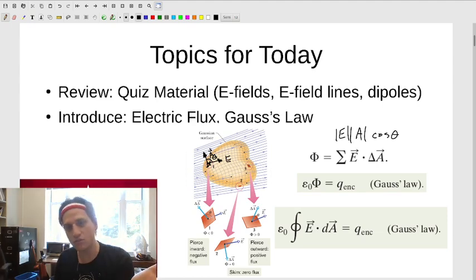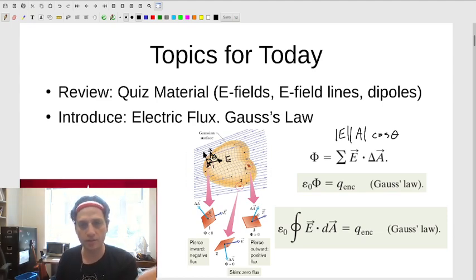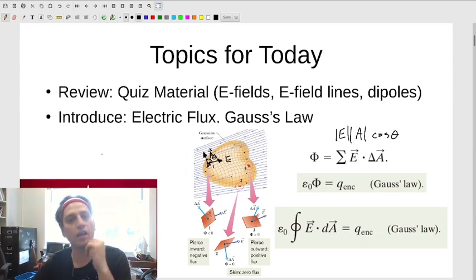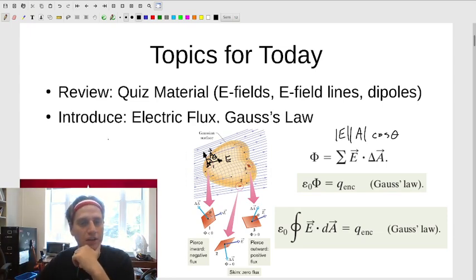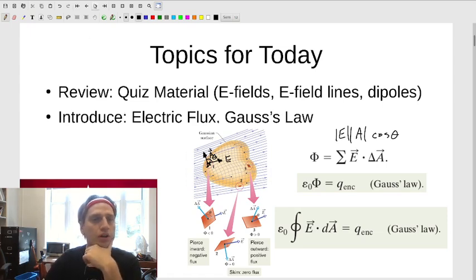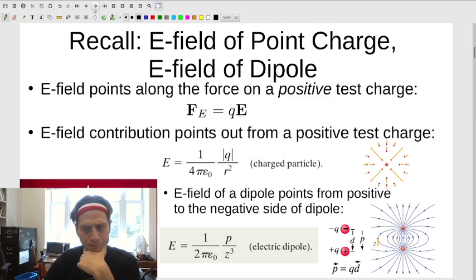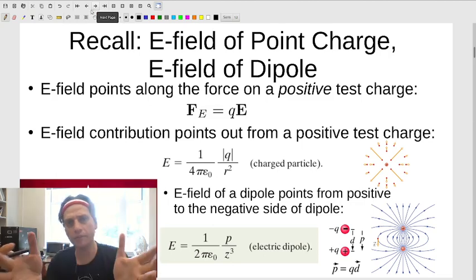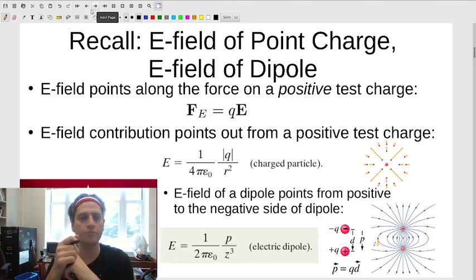That doesn't seem super useful, but it turns out that that law makes it very easy to calculate the electric fields for certain charge distributions.